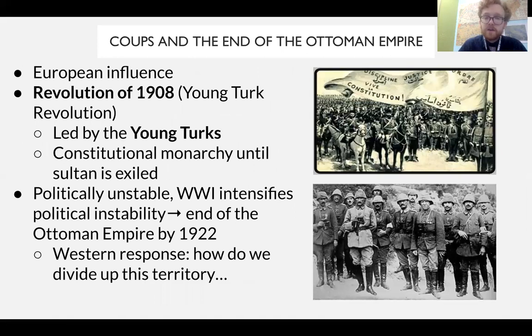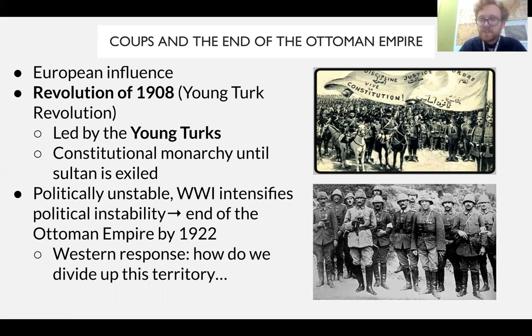So we are going to eventually see the end of the Ottoman Empire, mostly as a result of westernized influence. So in the late 1800s, early 20th century, we are seeing the rise of prominent military officers from the westernized middle class.